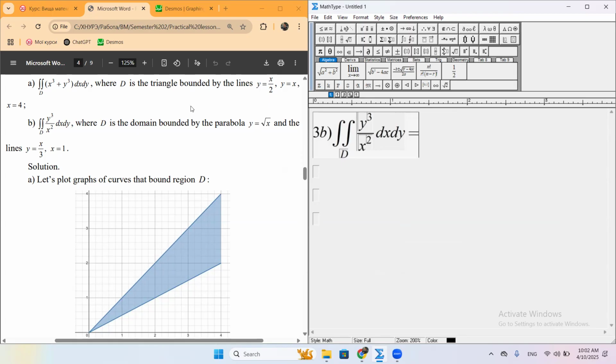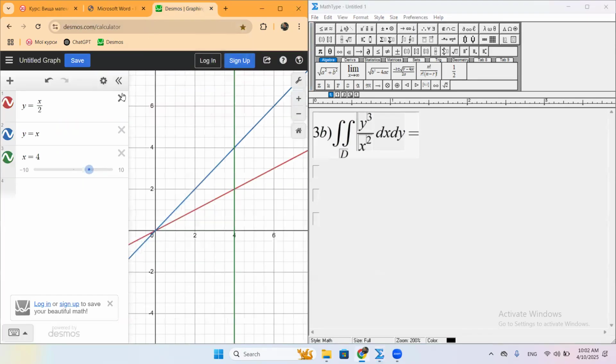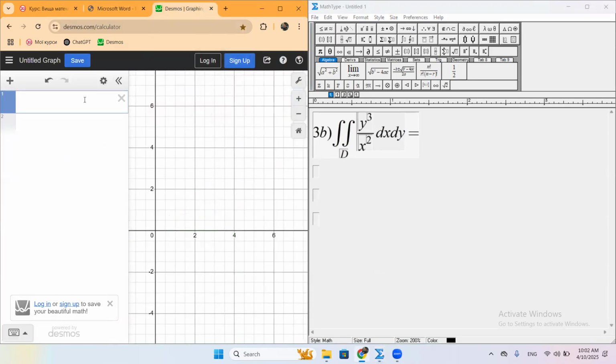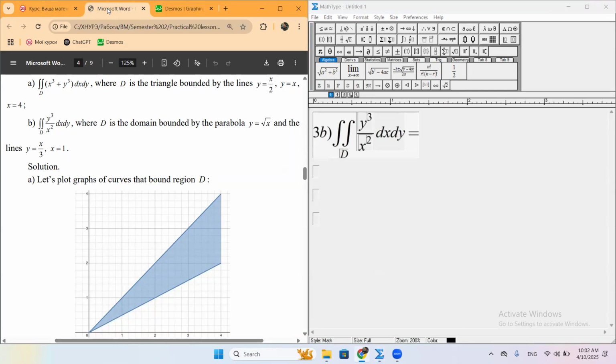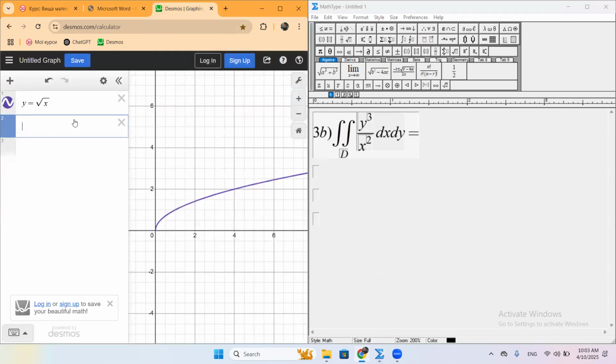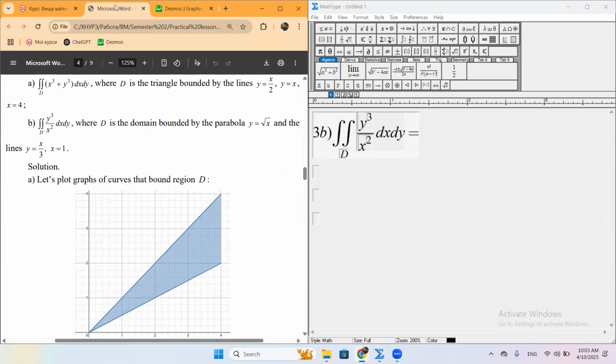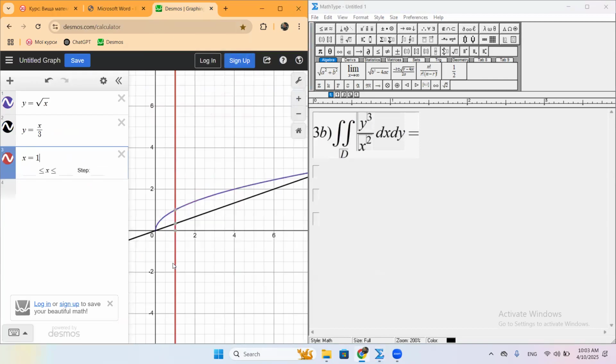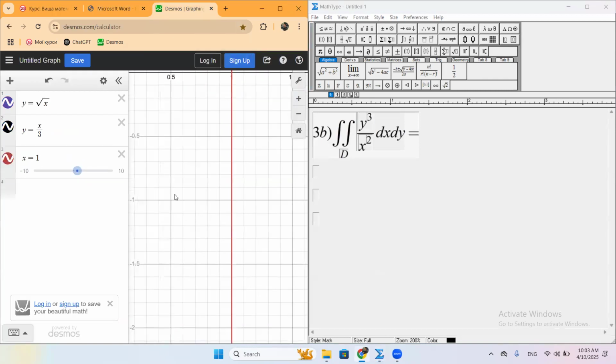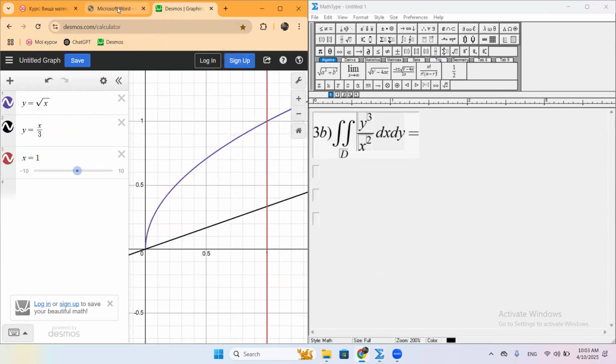So the domain is the following. So parabola y equals square root of x, and straight lines y equals x over 3, and x equals 1. So we have the following region.